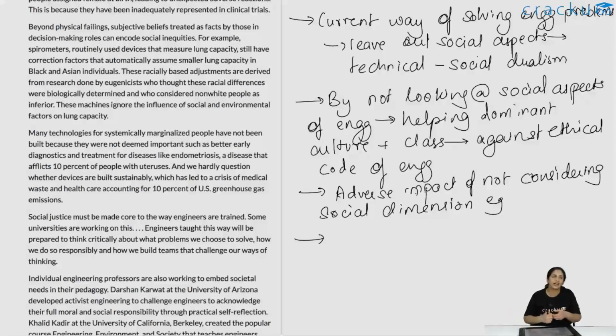Eugenicists were a kind of discredited scientists. The height of eugenicism was in Nazi Germany, where they believed that the Aryans were the superior race and the other races were inferior.